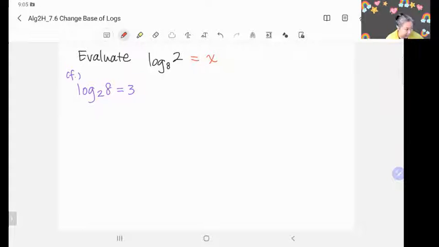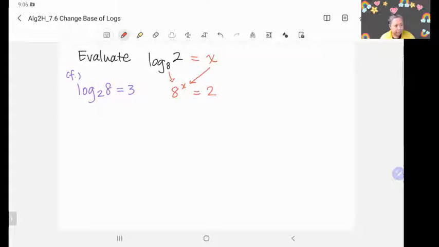So the base is 8. So then now we have log base 8 of 2 equals x. And if I convert this equation into exponential equation, the base 8 will get x as the exponent, and this is 2.